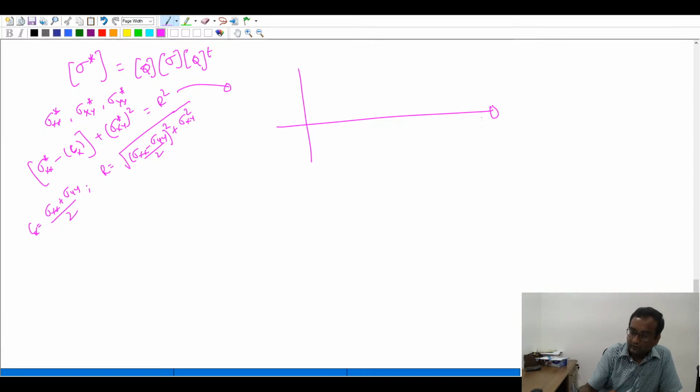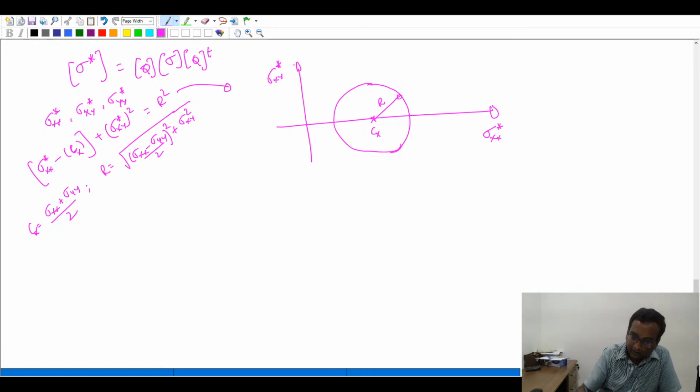So we are plotting sigma xx star versus sigma xy star on the y-axis. You get a circle here, with center as c of x and radius as r. How do I know these?